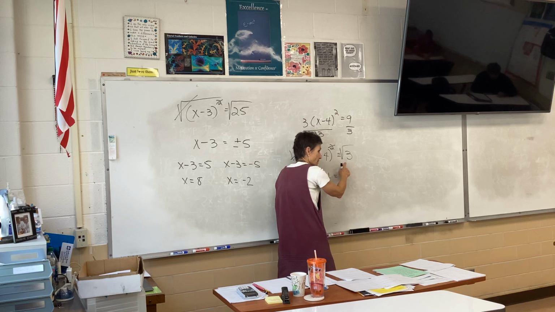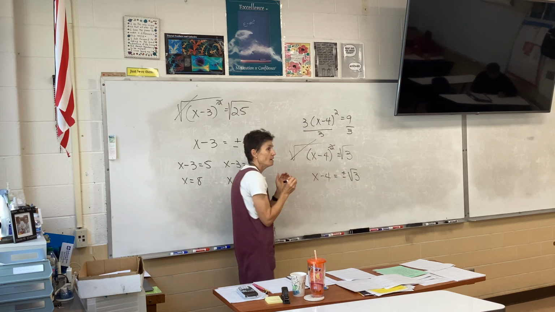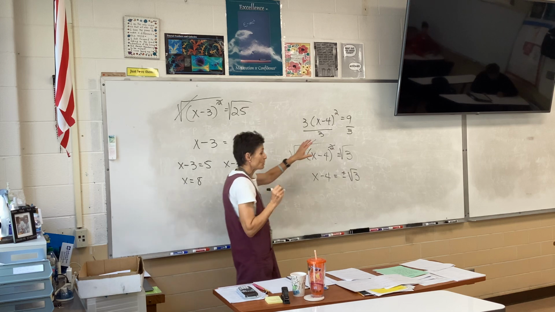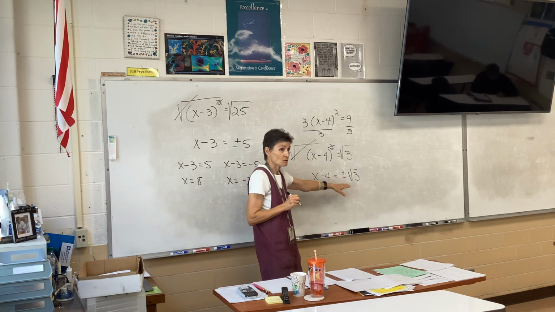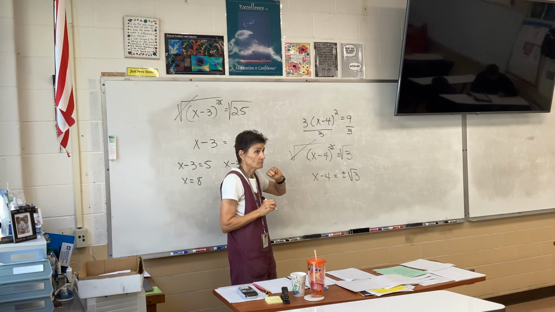And over here, 3 is not a perfect square, so I'm just going to have to leave it as plus or minus the square root of 3. When it was 25, I could take the square root and get 5, but when it's 3, I can't. But I still need the plus or minus, because how many answers do I need? 2. That's how I'm going to get them.